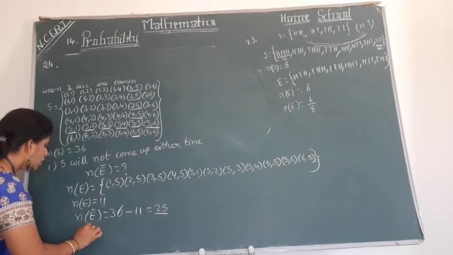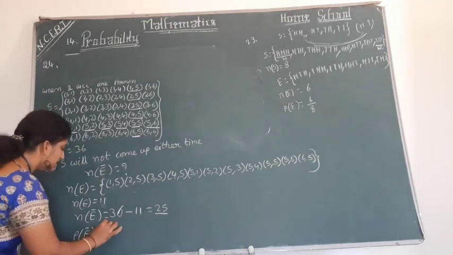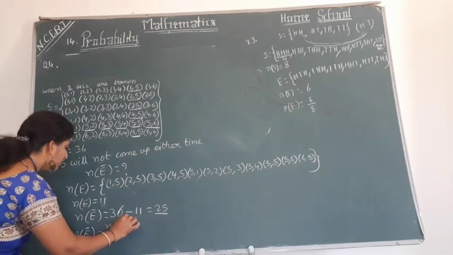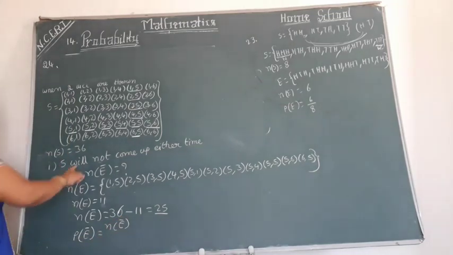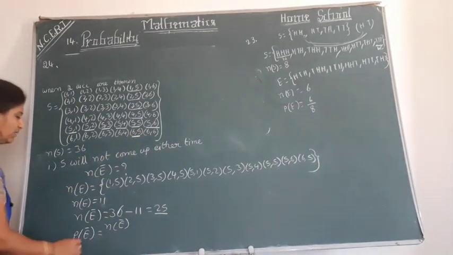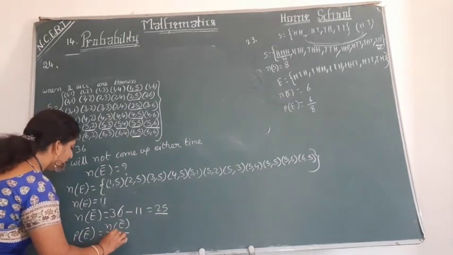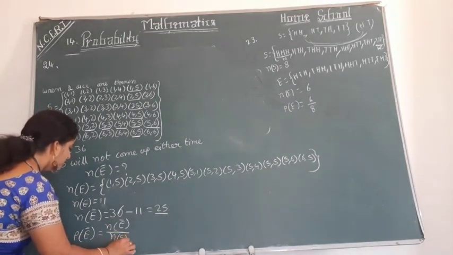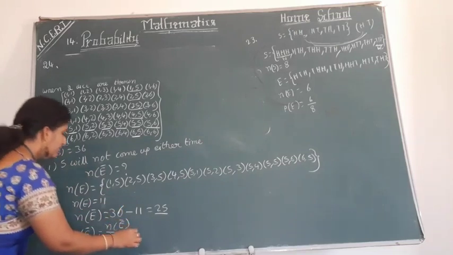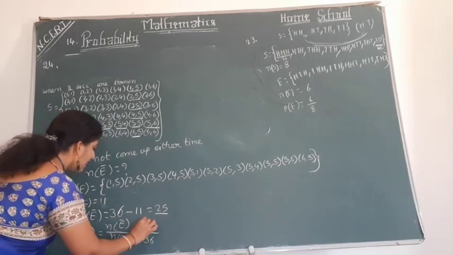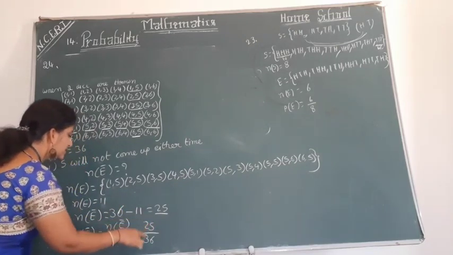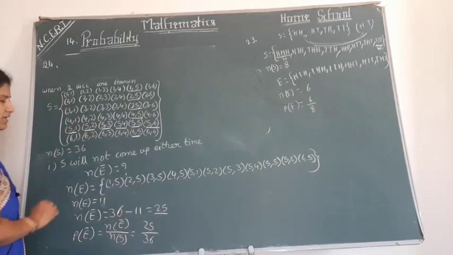Probability of not occurring this event, that is, 5 is not coming up, is n of E bar by n of S. Total number of sample spaces is 36, and this question's answer is 25 by 36.